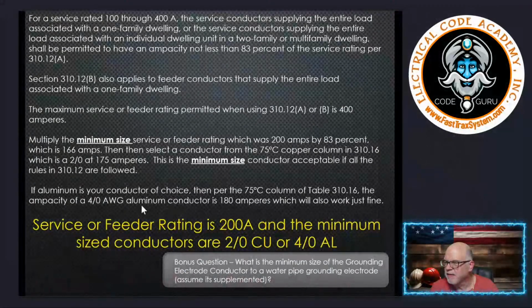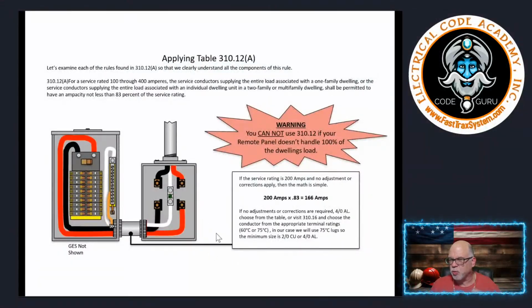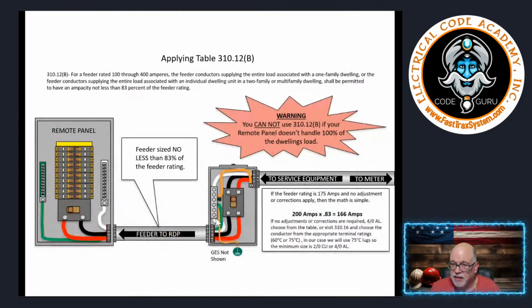All right, so this is an example I just went through where you take the 200 and multiply it by 83%, and that's how we got the 166. This most certainly applies here. This is an example of a feeder application, which we didn't look at, but the same rules apply.